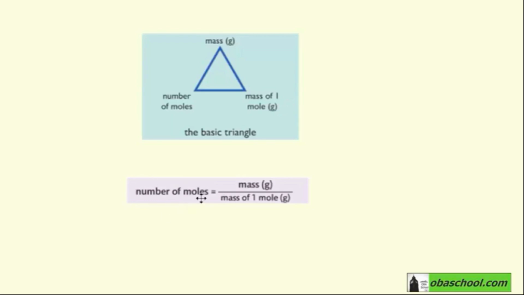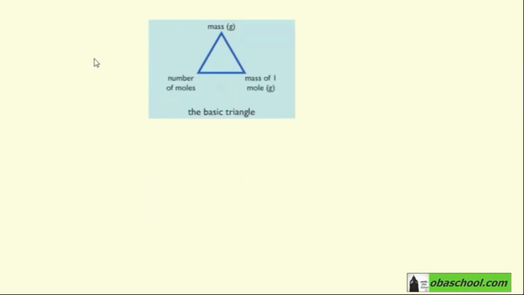The number of moles will give the mass divided by the mass of 1 mole. Now we are asked to calculate the mass. So how do we find the mass if we don't have a rule for the mass? Look what we will do.